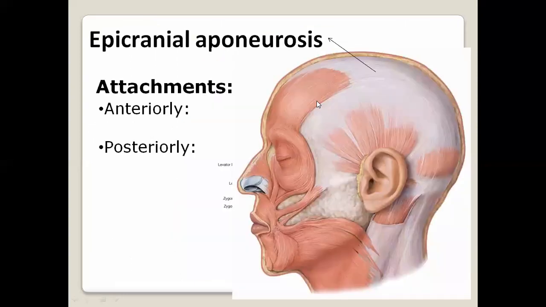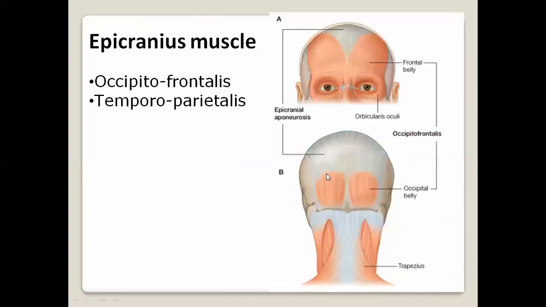If you see in the front, anteriorly, it sends a small prolongation between the frontal bellies and it will be attached to the subcutaneous tissue of the face. Posteriorly, it sends down a prolongation between the two occipital bellies, and it will be attached to the external occipital protuberance and highest nuchal line.